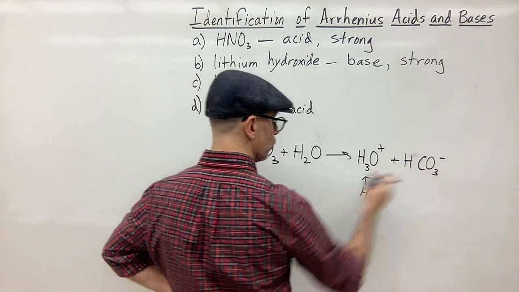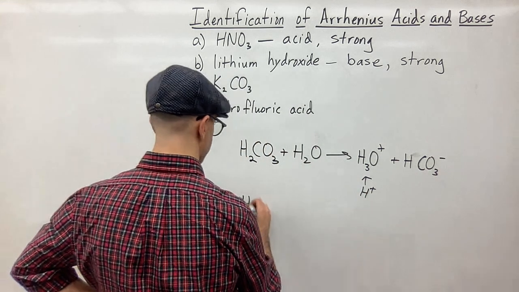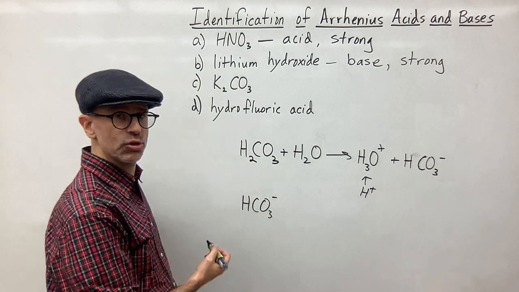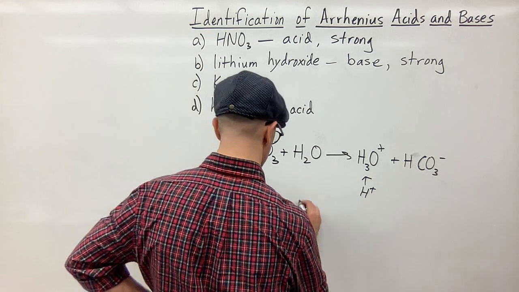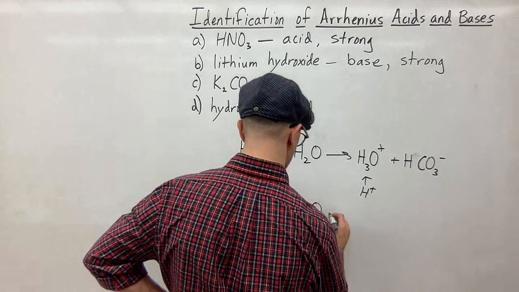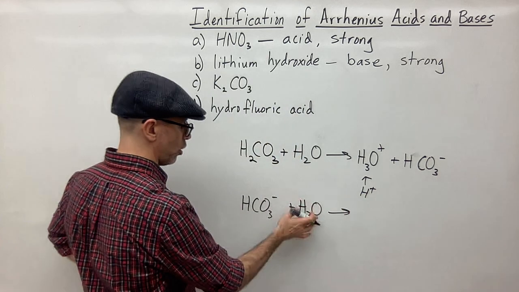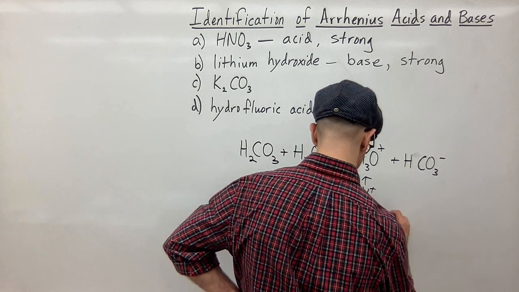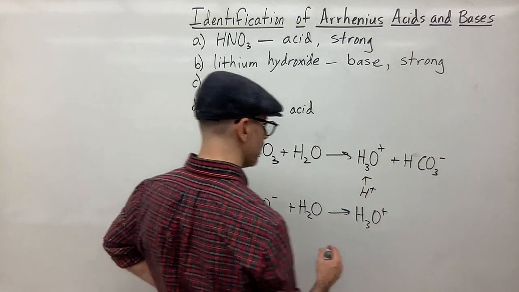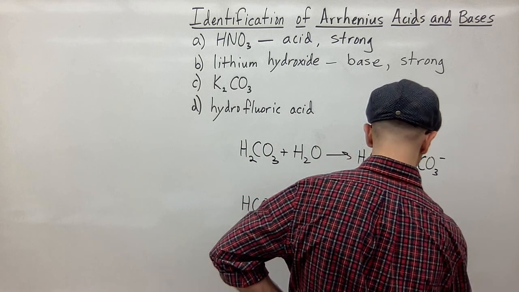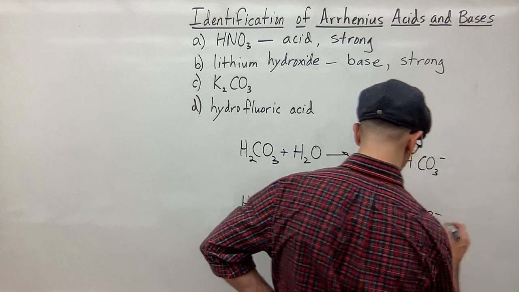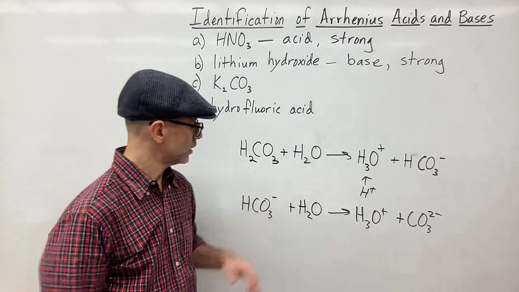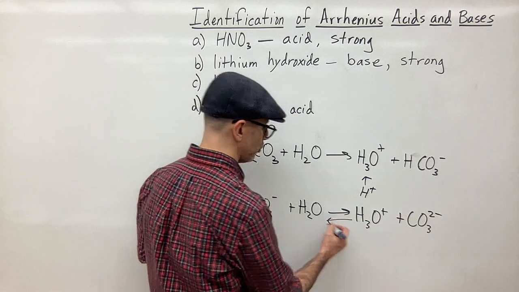This also can lose a hydrogen. So if I have HCO3 minus, this can also lose another hydrogen to water, H2O. And so this hydrogen will be donated to the water here. So you'll have H3O plus again, plus what's left over is CO3 2 minus. Now this can go backwards. So you can go the other way.